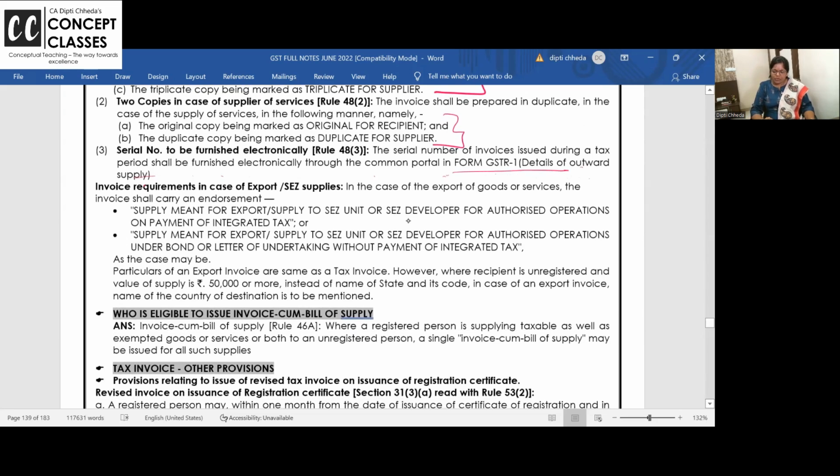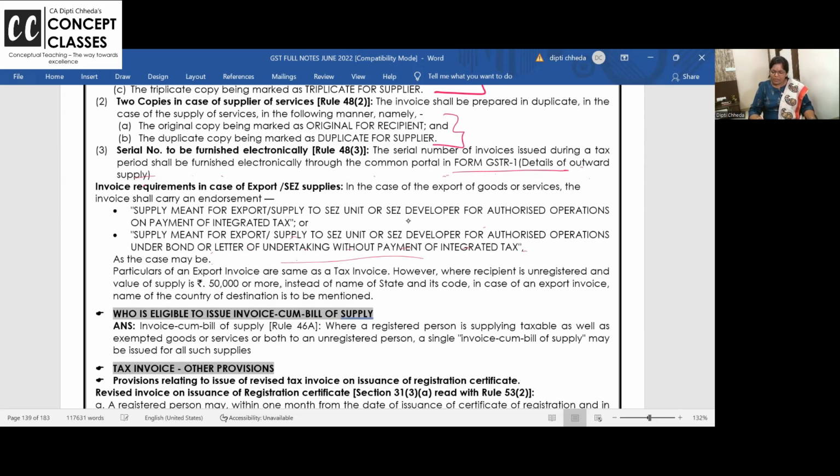And suppose you are issuing invoice in case of export and SEZ. In that case, you cannot charge any tax. So supply meant for export or supply to SEZ developer and all you will write: supply meant for export to SEZ developer authorized under a bond or letter of undertaking. You all know letter of undertaking, सब आप पढ़ोगे final में.